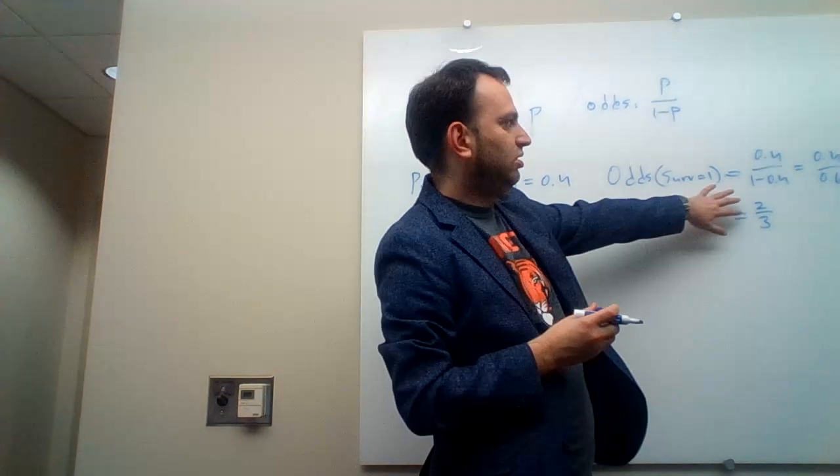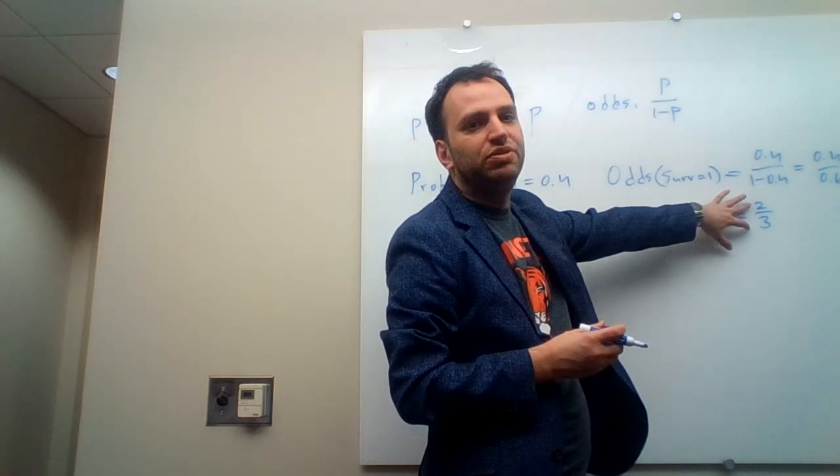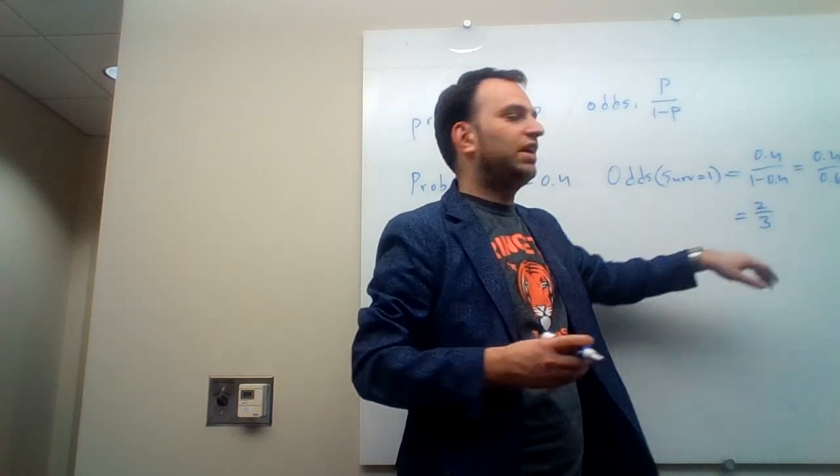Okay, so we just multiply this by 5 and this by 5 and you get 2 divided by 3.